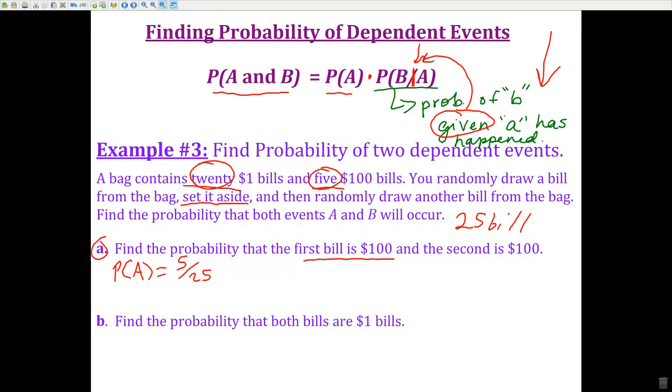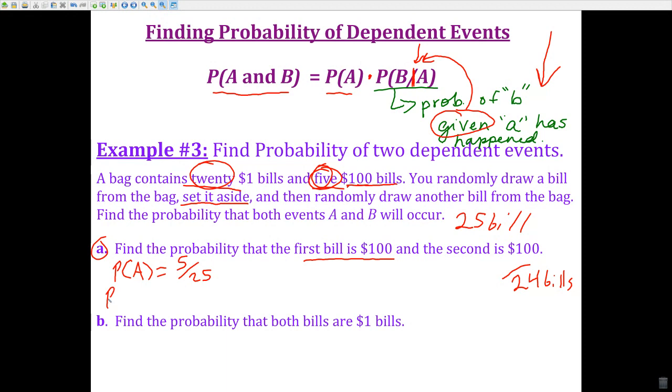Now you set the $100 bill to the side, right? How many bills do you have left? You now have 24 bills left. Now you're going to pick again, but now you don't have just 24 total bills left in the bag, you have one less $100 bill. You went from 5 $100 bills to 4 $100 bills because you set the first one aside.